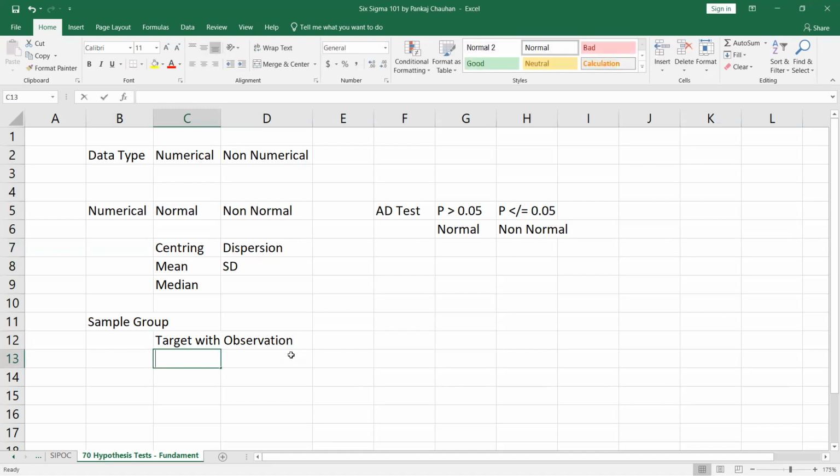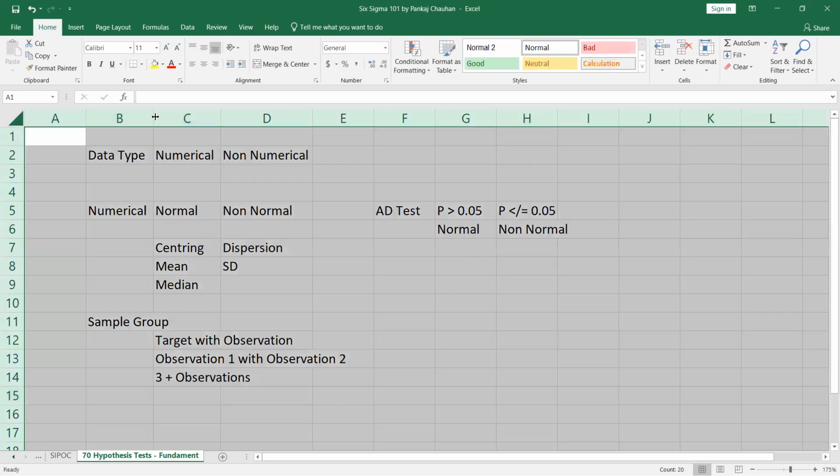You may be comparing the observation of one group with the observation of a second group, or comparing two or more, maybe three or more subgroups with each other. These are the observation groups.